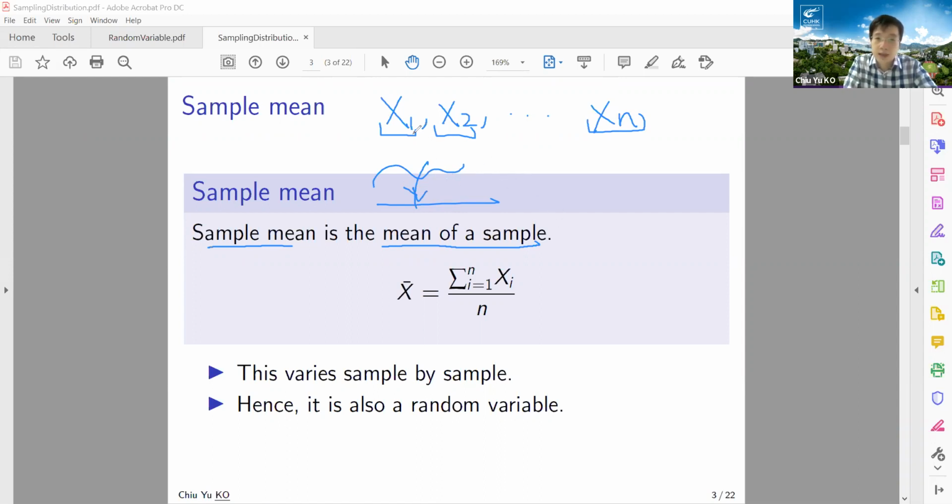And these are all random variables. And the sample mean is the sum of all these random variables, X1 up to Xn, divided by n. As each one is a random variable, the mean is also a random variable. Is that clear for this one?